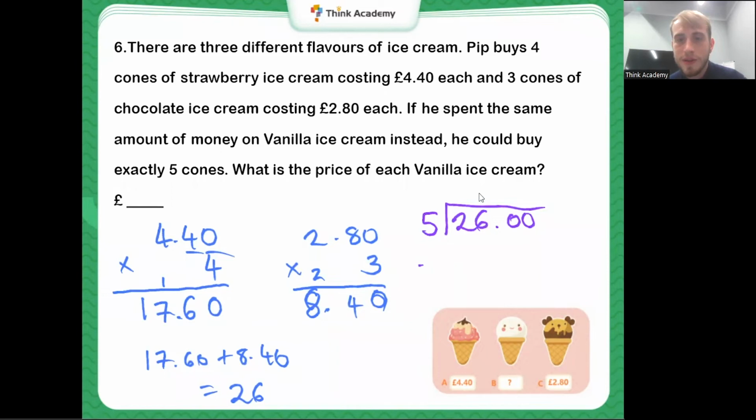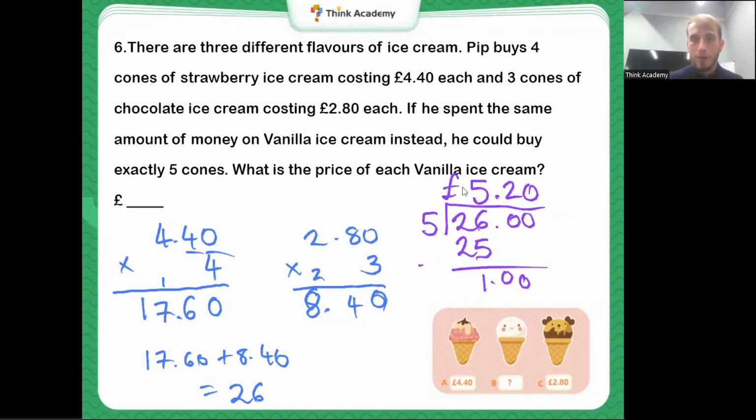How many 5s go into 25? We get 5. And that leaves £1. How many 5s go into £1? Well, none, but we can break it down and see how many 5s go into 100, or kind of thinking about it in that way. How many 5s go into 100? And it's 20, but that's going to come after the decimal point there. Okay, so that's going to be £5.20 for the price of a vanilla ice cream.